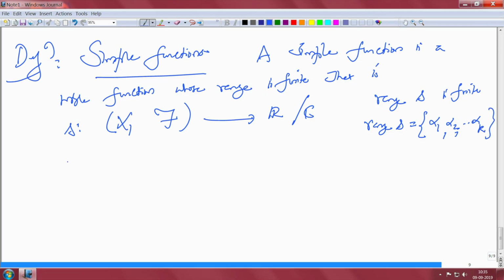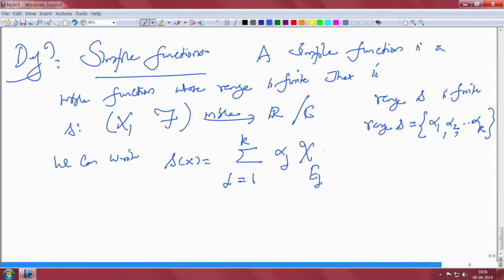So, I can write, so this is supposed to be measurable, we can write S of x equal to summation j equal to 1 to k alpha j chi Ej of x. So, remember chi Ej was 1 if x belongs to Ej, 0 otherwise. Okay.